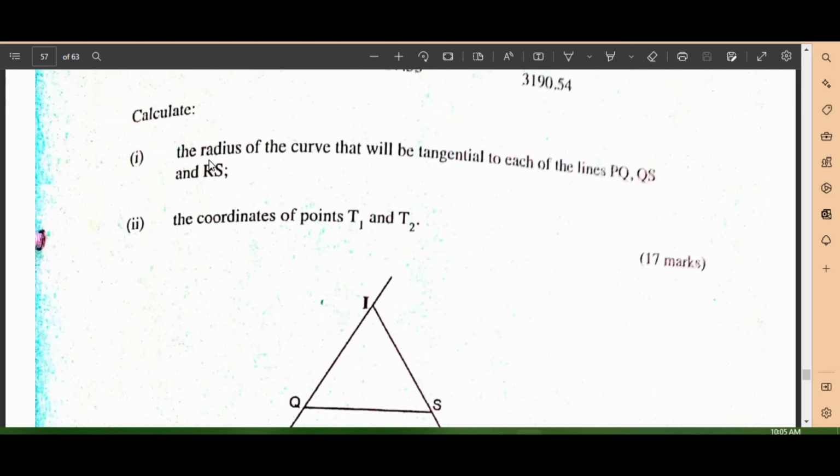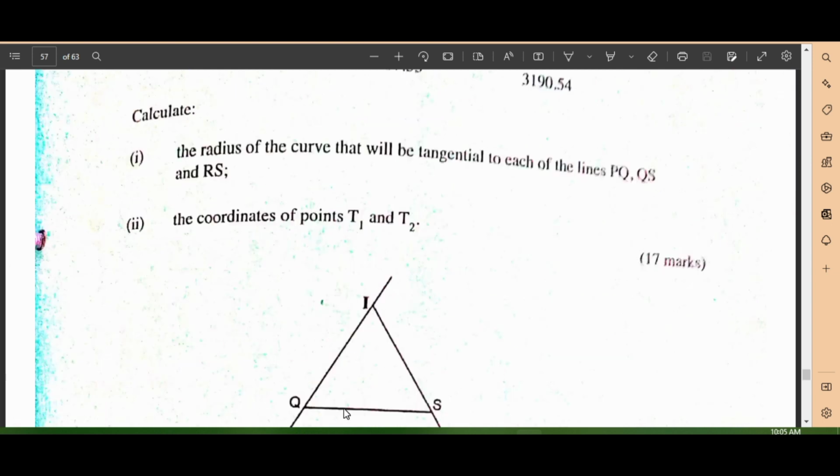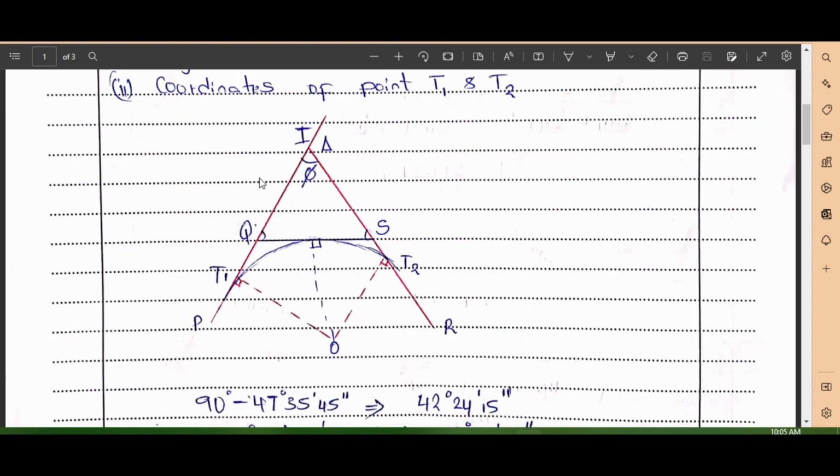In order for the radius of the curve to be tangential to each of the lines PQ, QS and RS, that means the circle will have to touch all those lines.